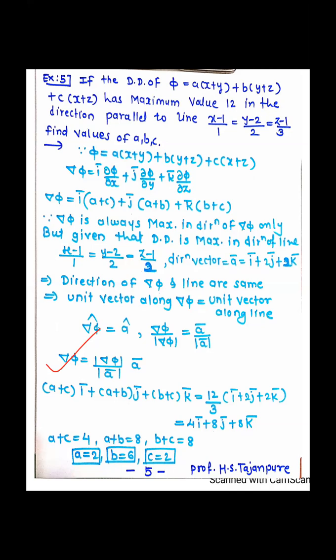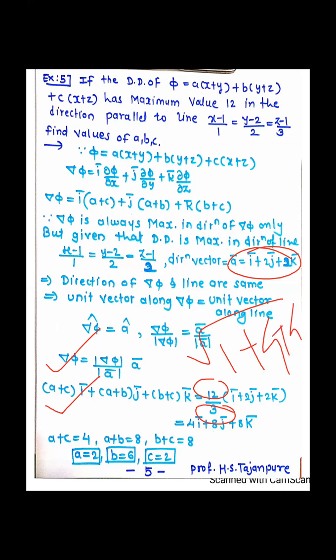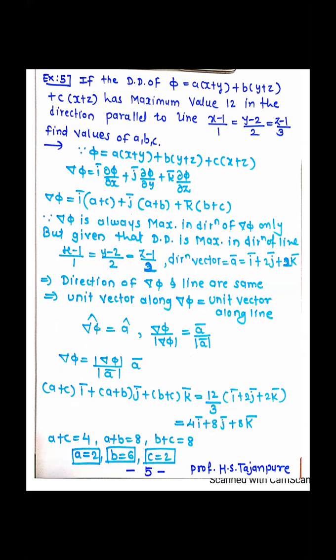Now substitute here the value of del phi. Right hand side, magnitude of del phi we have substituted here, denominator magnitude of a bar. See, this is your vector a bar. Its magnitude, that is under root of 1 square plus 2 square plus 2 square, 1 plus 4 plus 4, that is root 9, that is 3. So it is 12 upon 3 into the vector a bar.